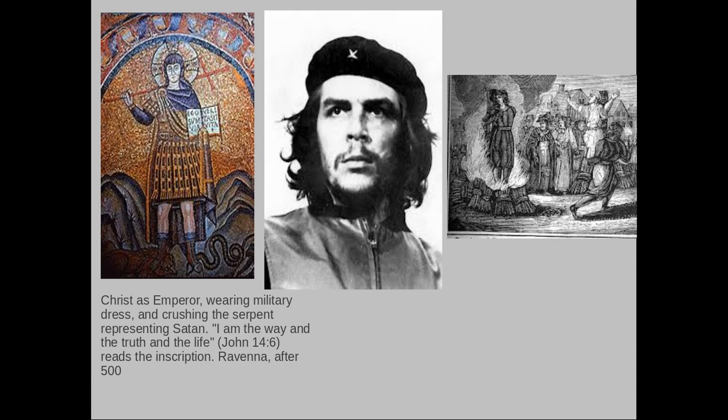Che there in the middle was a modern military messiah of sorts, and of course the witch burnings that we went through in the Inquisition, that was another period when we had military messiahs, people who got together, tried to organize the poor people, the disenfranchised, in revolutionary movements to try to oppose the oppressive empires that were ruling over them. So we see this succession of revolutionary leaders, and the early Christian movement was an early revolutionary movement.